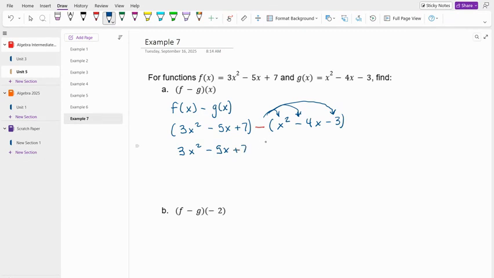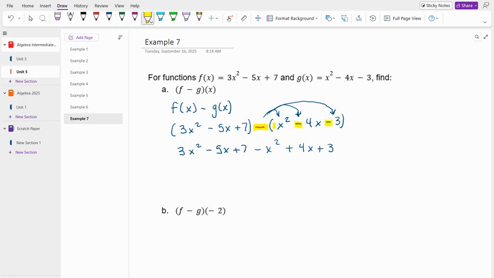And then instead of positive x squared, we're going to have minus x squared. Instead of minus 4x, we're going to have plus 4x. And instead of minus 3, we're going to have plus 3. Hopefully that makes sense. So that subtraction sign affects the sign of everything inside the parentheses.